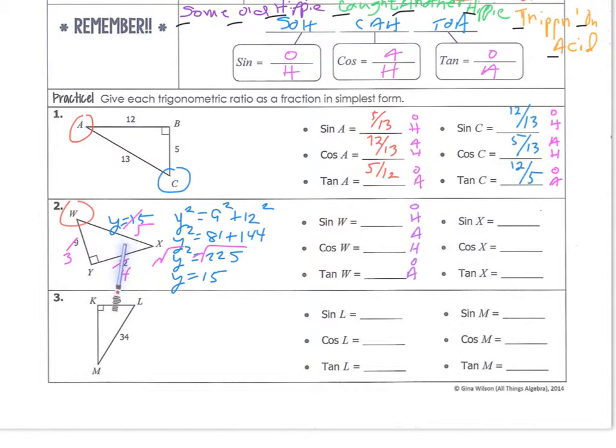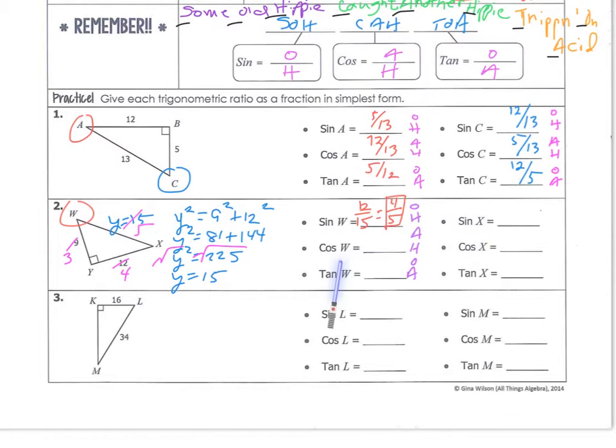Over my original hypotenuse, 15. So if I put 12 over 15, what has to happen? You have to reduce it. They're both reducible by 3. So you get 4 over 5, right? So wouldn't it be to your advantage if you happen to notice that all 3 of these have a greatest common factor, that you reduce them right away? Yeah. And just use the 3, 4, and 5.